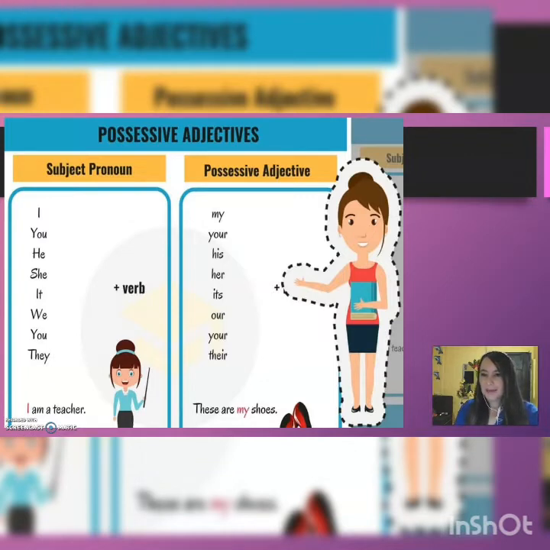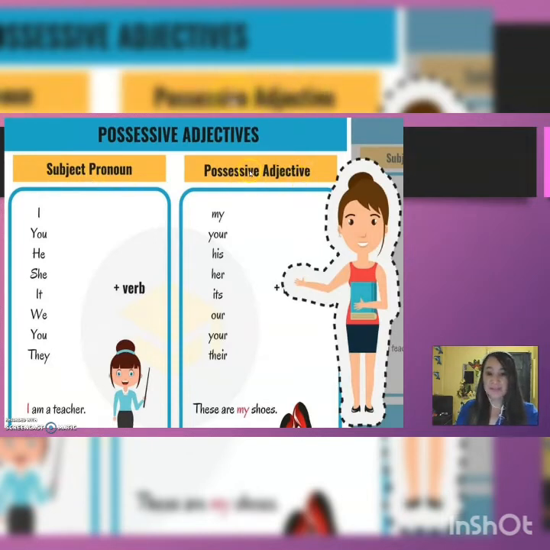Well, I'm going to explain you a little bit about this important content in order you can understand how you are going to use possessive adjectives in the sentences you are going to develop later on. Possessive adjectives. As you can see in the presentation, we have subject pronoun, and we have possessive adjective.